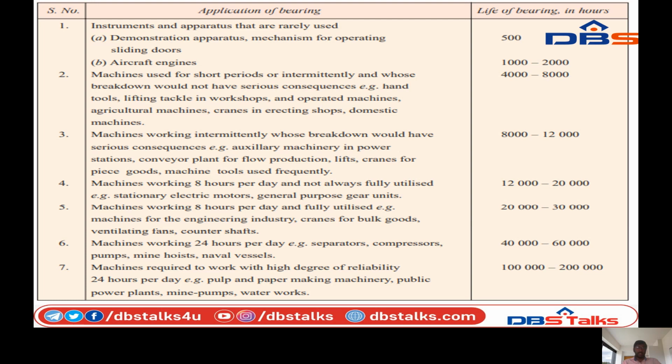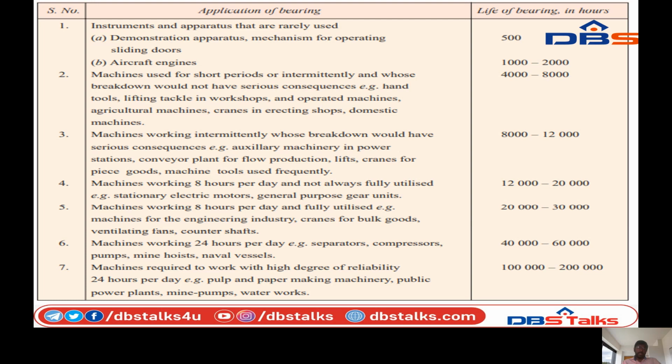Next, the fourth application is machines working 8 hours per day that are not always fully utilized. For example, stationary electric motors, general purpose gear units. In this type of application, the bearing life is 12,000 to 20,000 hours. Next, the fifth application, machines working 8 hours per day and fully utilized.